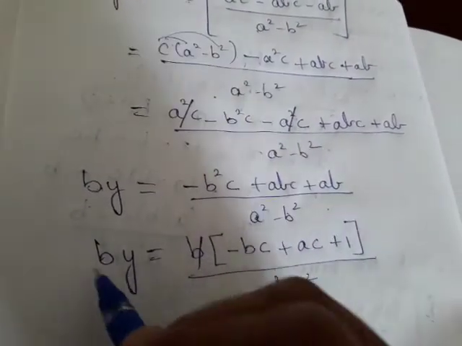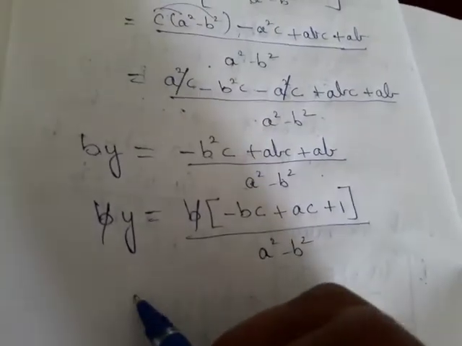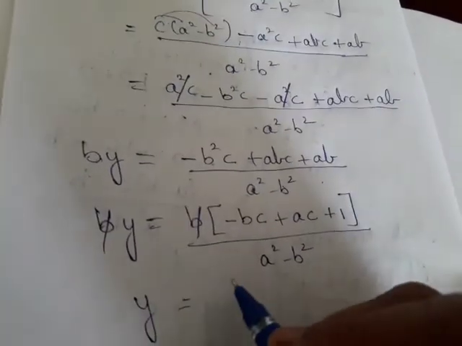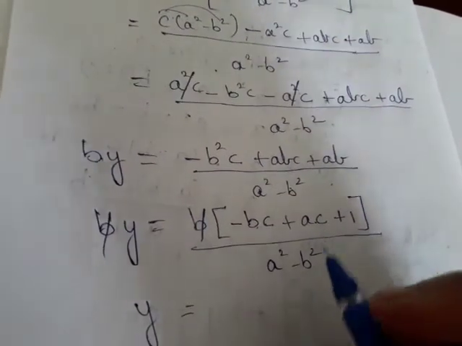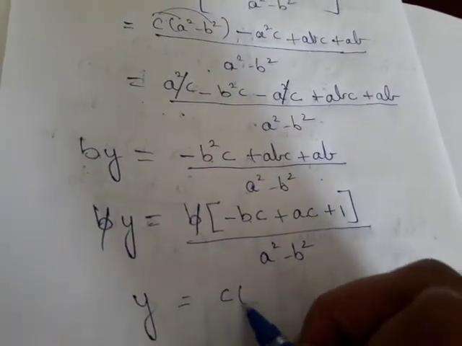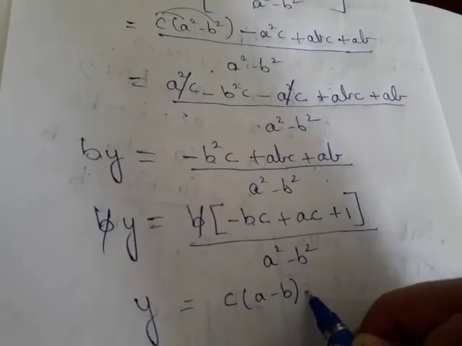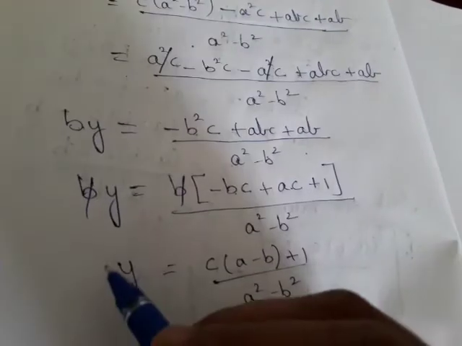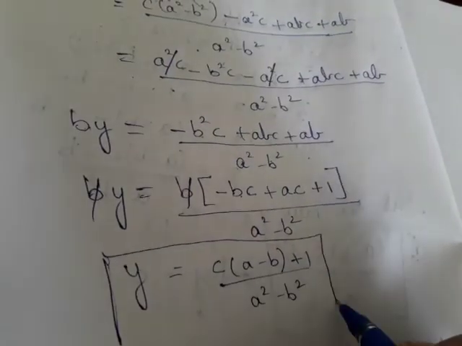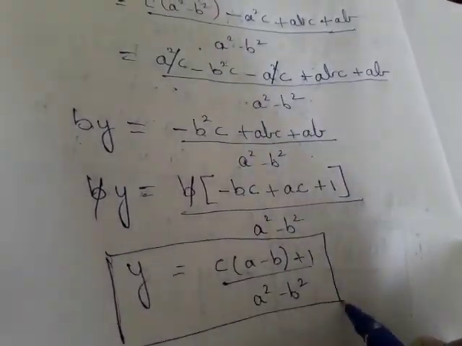So this b and this b I can cancel, right? So the value of y is, we can take c as common here, or you can leave as such, no problem. If you take c as common, it will become a minus b into c plus 1 divided by a square minus b square. So this is the value of y, right?